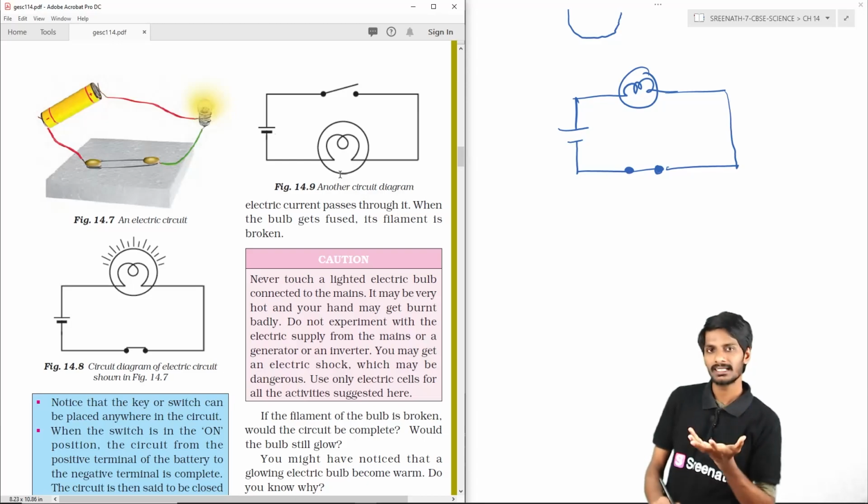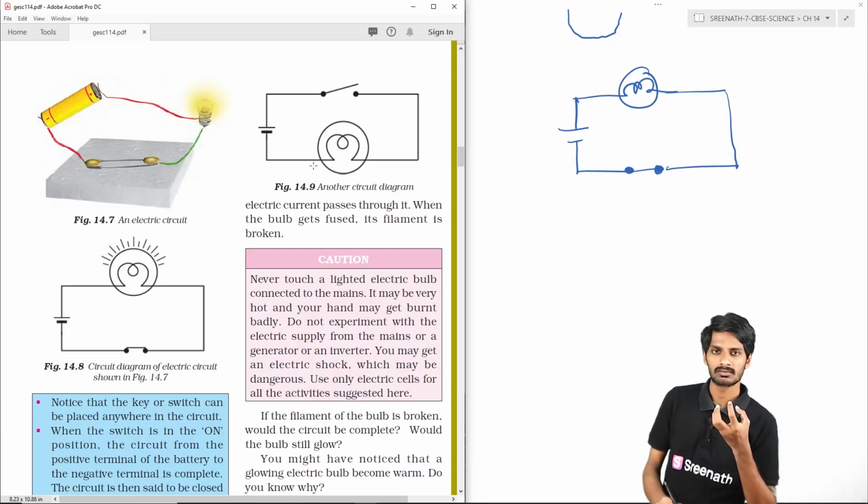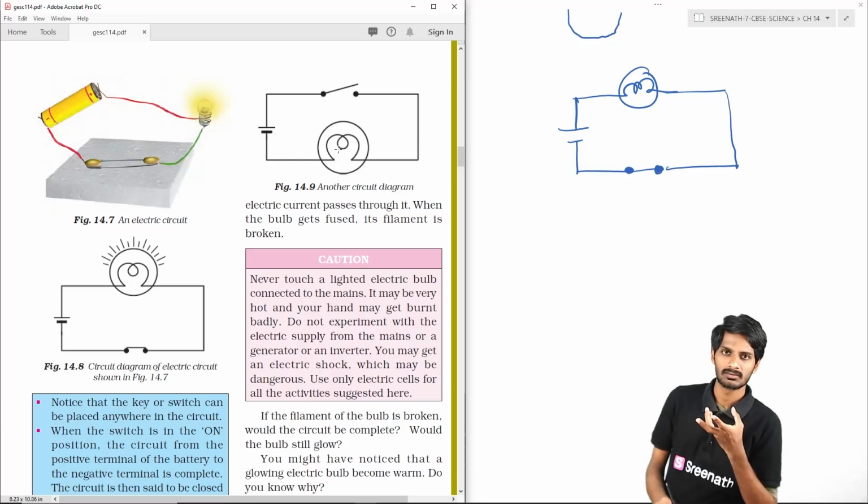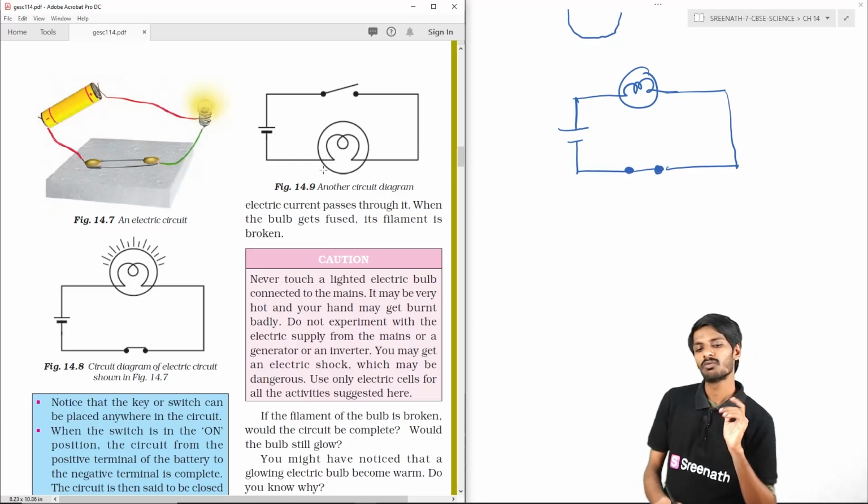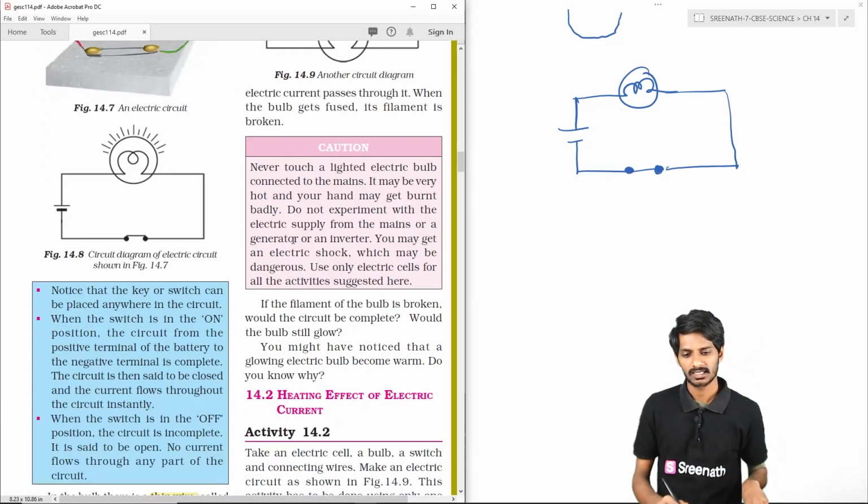It will be heated to a high temperature and it will start glowing. In this way the bulb glows. This is the scenario happening, students. Okay, so if high current is passed, students, the filament in the bulb will get fused. After that the bulb won't work, students.